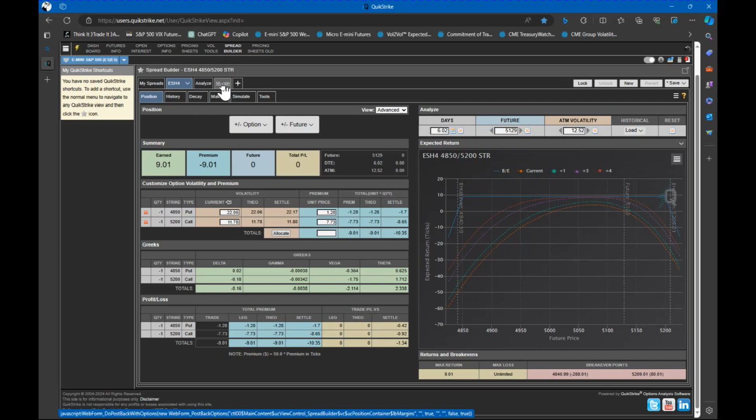I'm trying to see how much risk was required for the trade. So the break-even points would be 48.40 and 52.09. 288 points, so double the range would be 200.